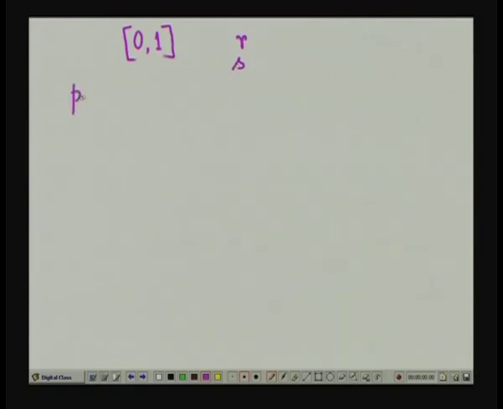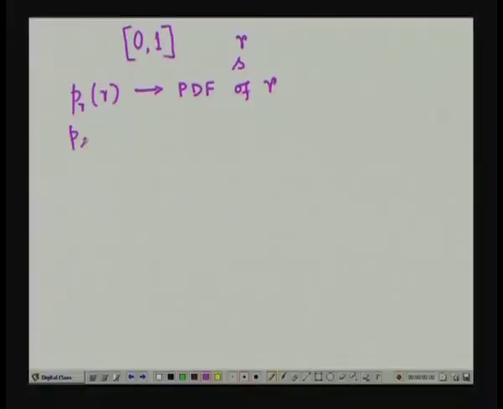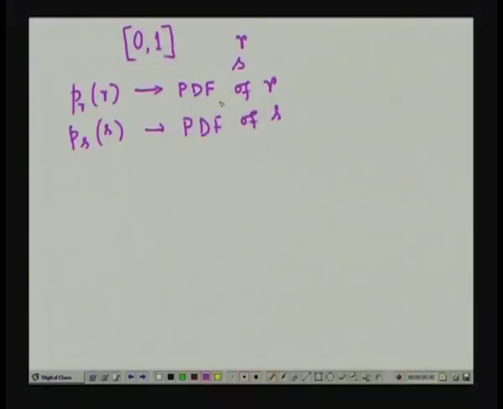We assume p_R(R) to be the probability density function of R, where R is a variable representing intensity values in the original image, and we also assume p_S(S) to be the PDF of S, where S is a variable representing intensity values in the processed image. So, these are the two probability functions, PDFs, that we assume.